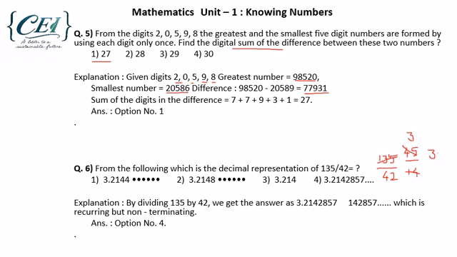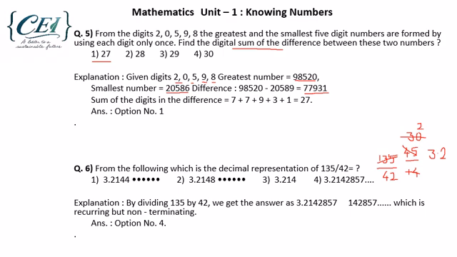Now we add a 0 here. If we divide 30 by 14, the answer is 2, since 14 twos are 28. The remainder is 2.